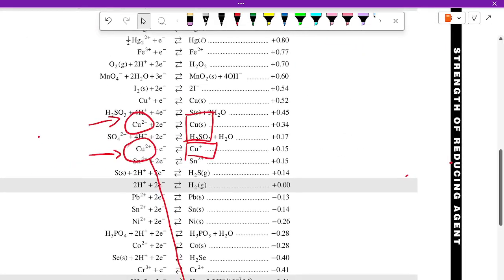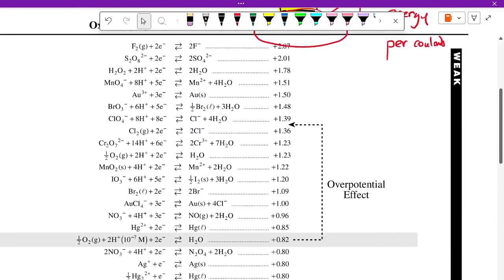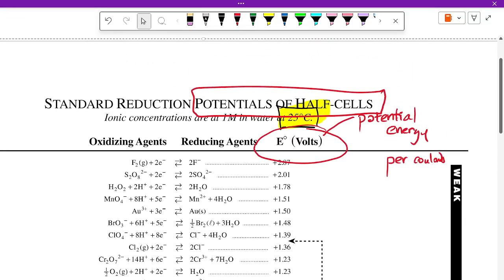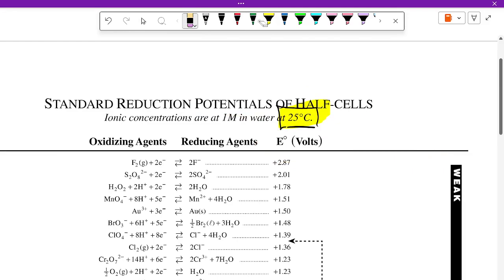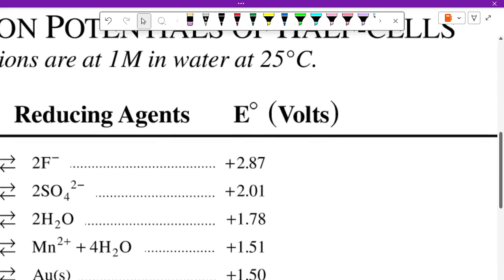Okay, so what we're going to use to figure that out is these numbers over on the right-hand side. Those values are given the symbol E naught.